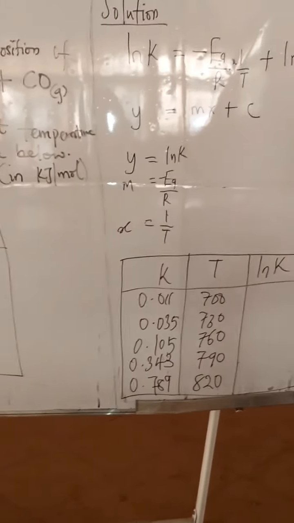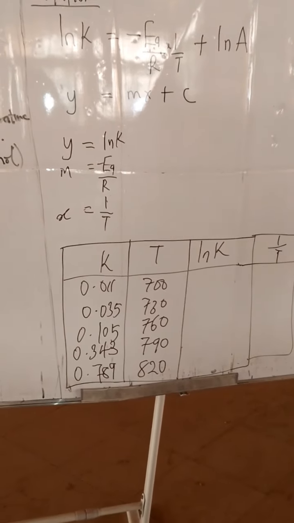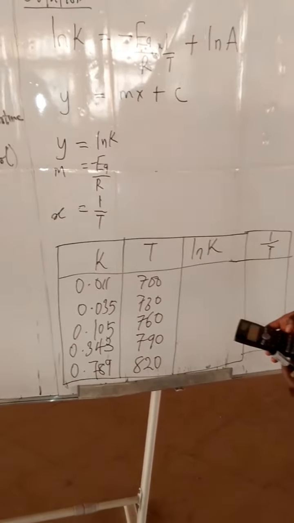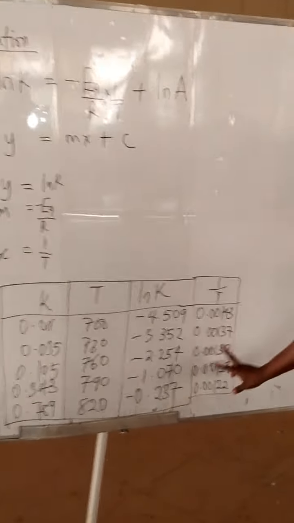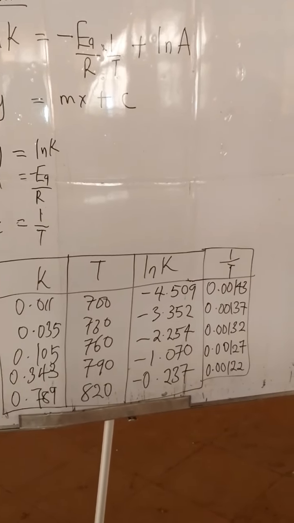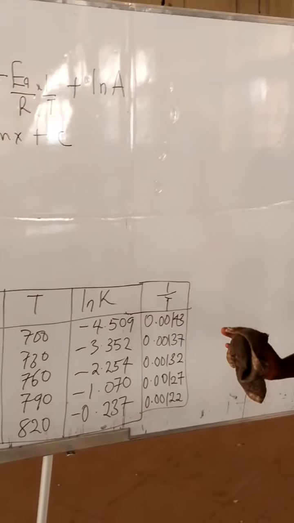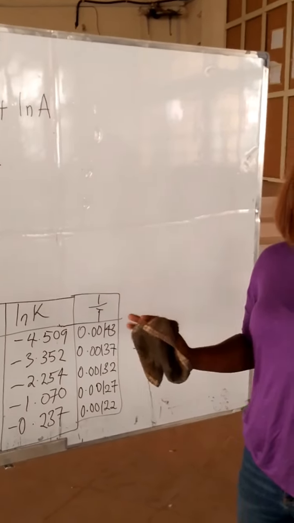So you're going to get your calculator and type your ln k. We also do that for 1 over T, and we have these values. Now the graph. Although we don't have a graph here, we will use the board as an arbitrary graph.